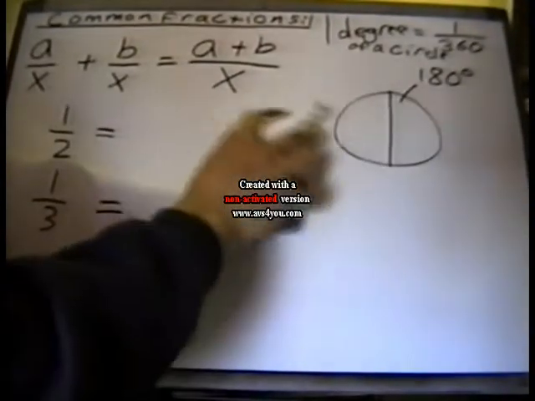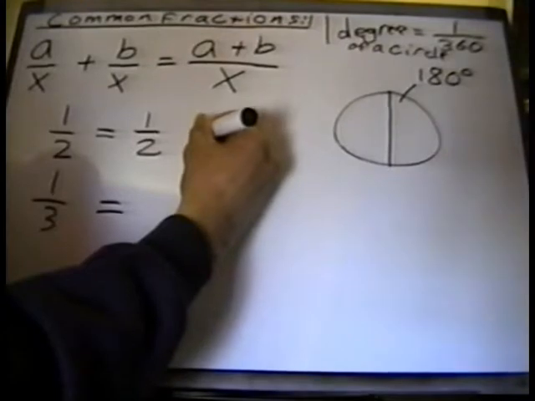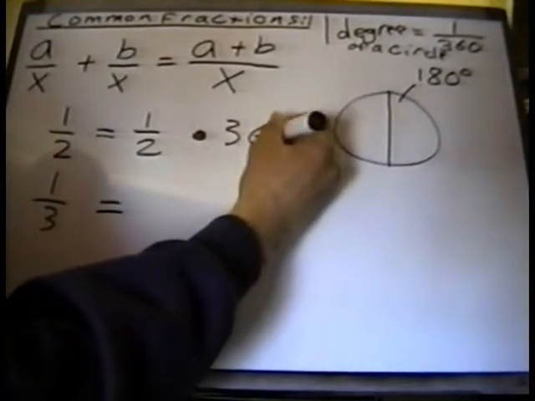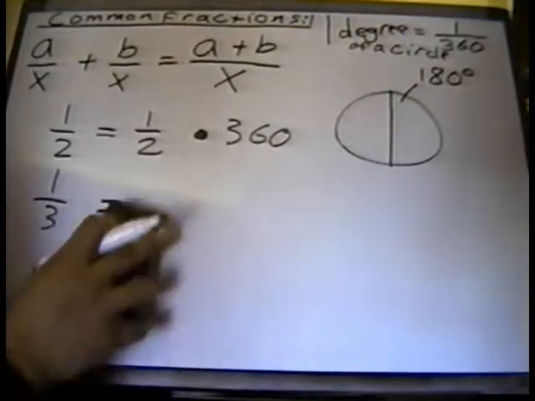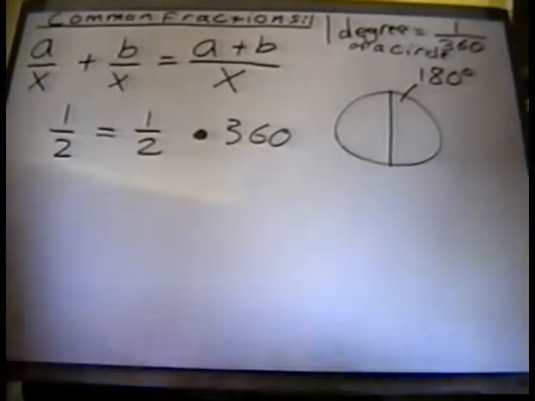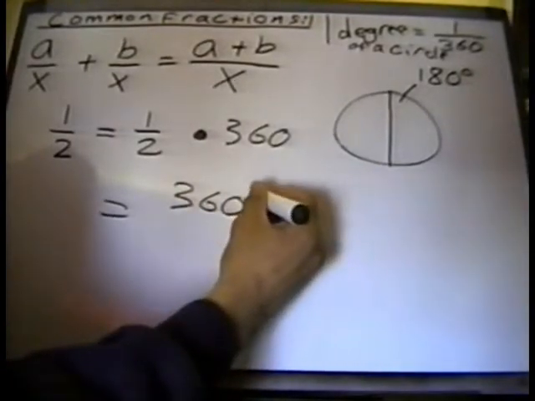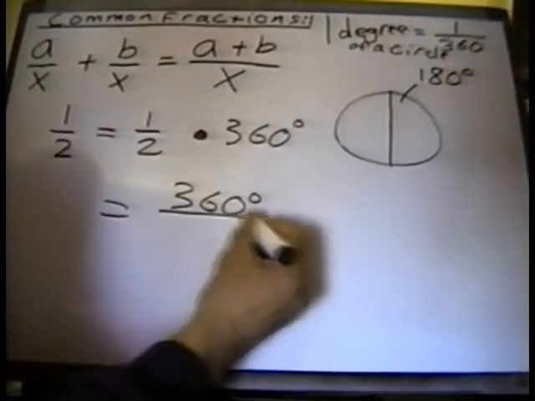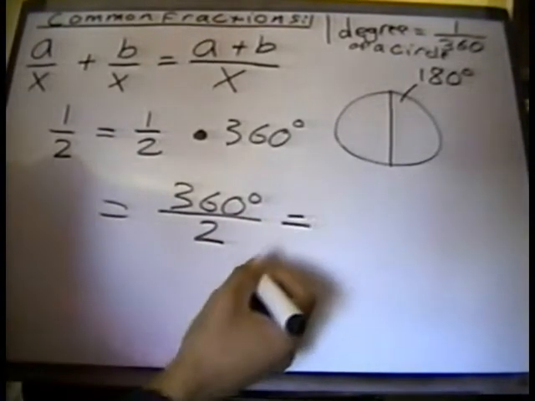1/2 of 360. Well, I should have wrote it first. Okay, 1/2 of 360. In which we get, and that gave us 360 degrees over 2. Okay?